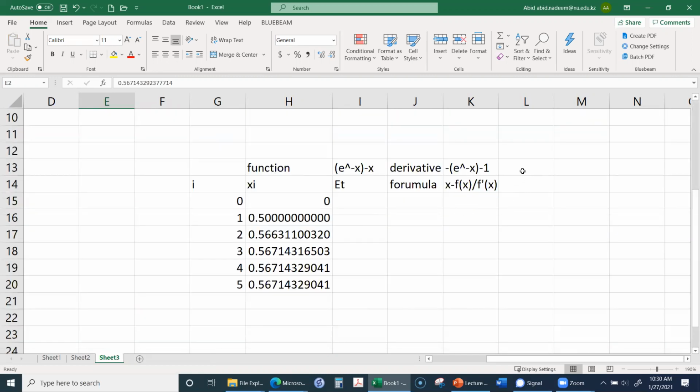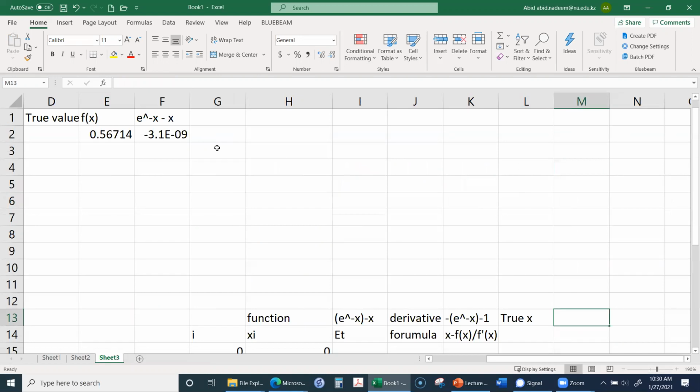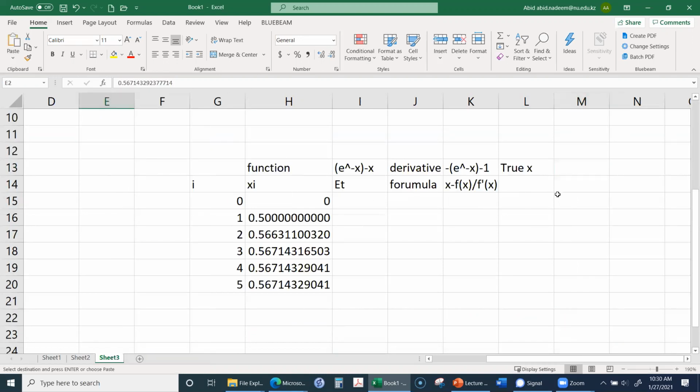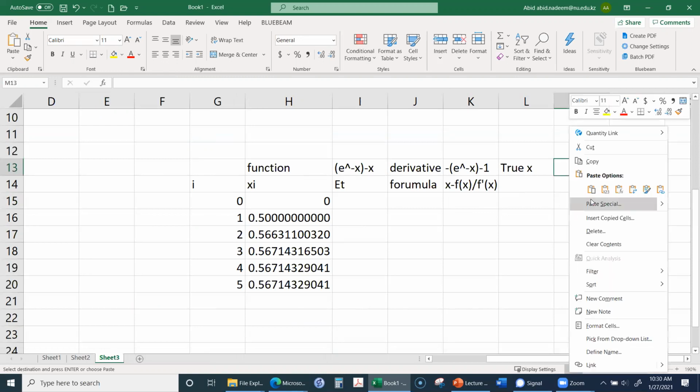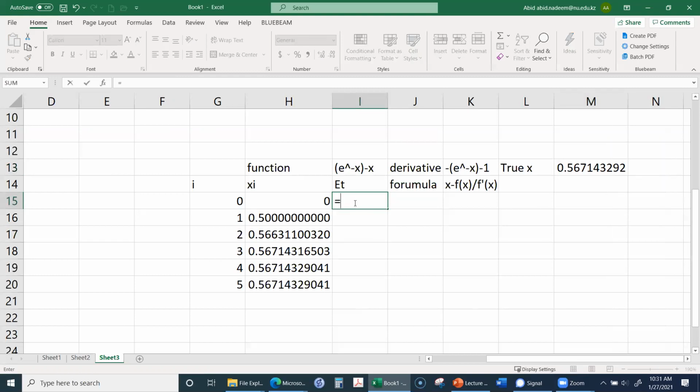So the true x is equal to this value. Maybe take some more digits. Yeah, this is the true value. So how different is the calculated value from the true value?